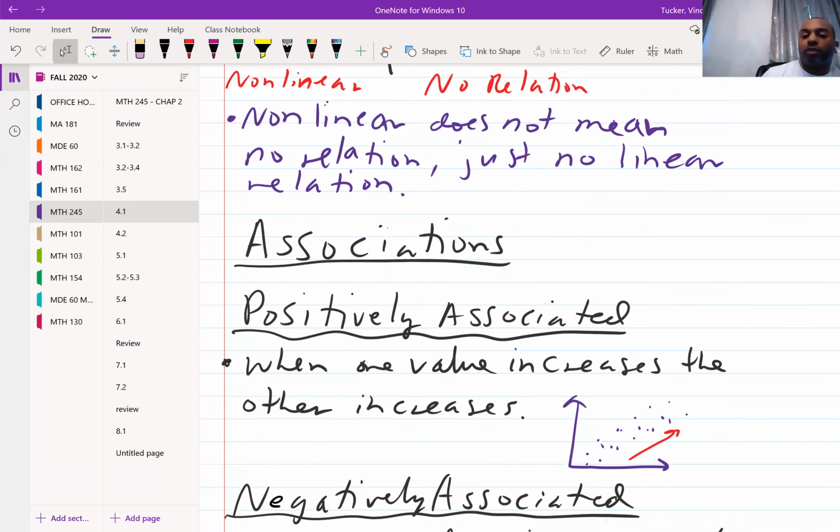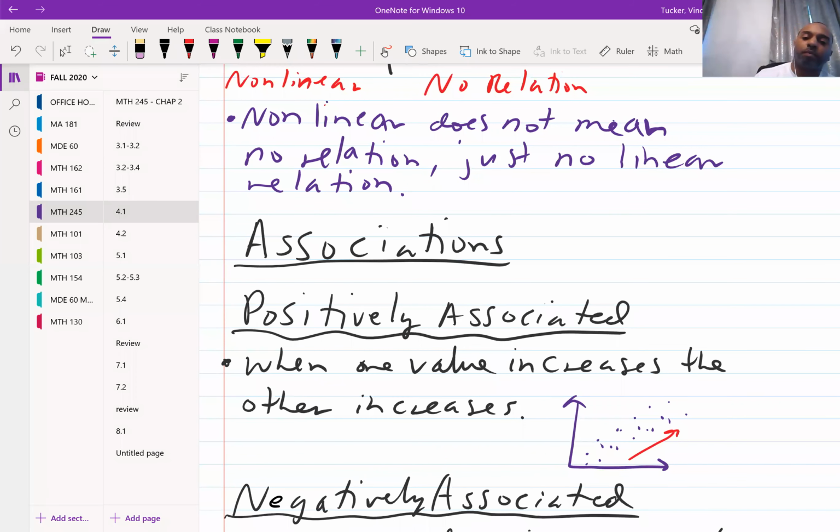All right, associations. A relationship is positively associated when one value increases, the other increases as well. So you see here that as we go from left to right, our dots are going up. It's negatively associated when one value increases, the other one decreases.